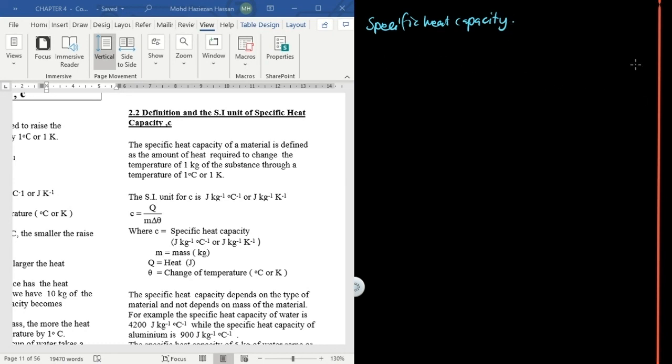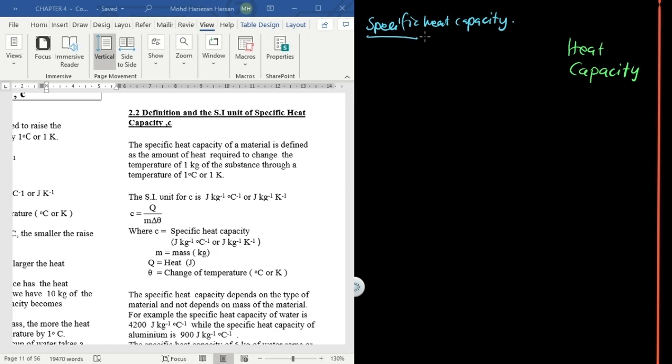Before this we had looked into heat capacity. So what is the difference? Here we just add the word specific. We had heat capacity before, and now we have specific heat capacity.